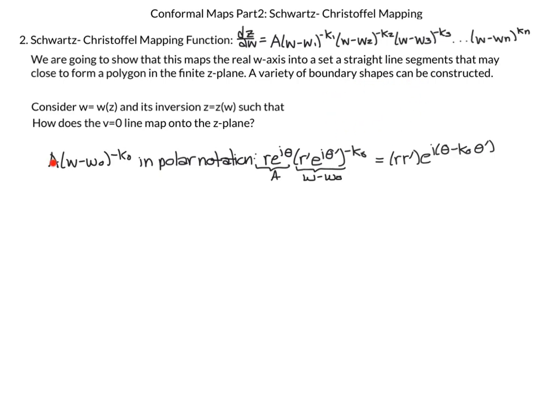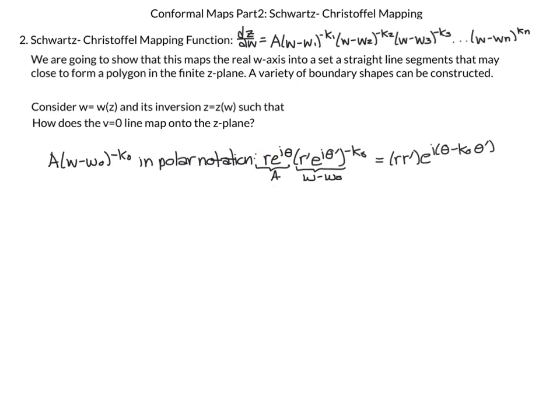So remember, A is a complex number, and w minus w naught is also a complex number. In polar notation, we're going to represent A with r e to the i theta, and w minus w naught, a complex number minus a complex number, which is a complex number, we're going to represent with r prime e to the i theta prime, and this complex number is raised to the minus k naught.